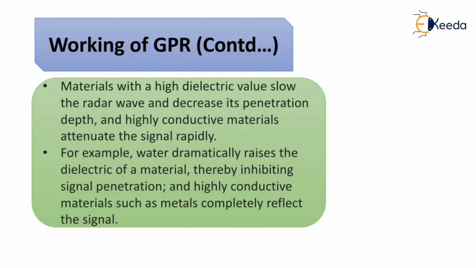Materials with a high dielectric value slow down the radar wave and decrease the penetration depth, and in highly conductive materials the signal is rapidly attenuated. For example, with metals the signal is completely reflected, while in the case of water it will not give any signal.